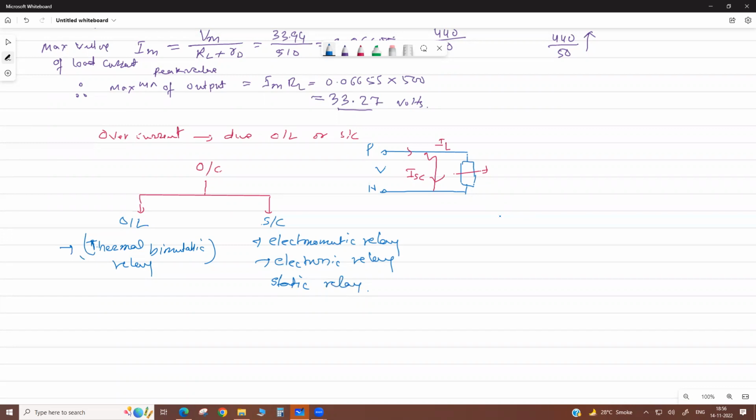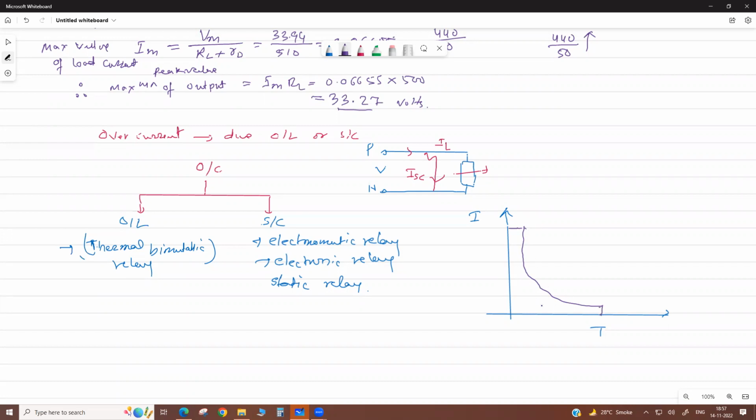Now, inverse time current characteristic means if we draw the current versus time graph. This is the current, here we take the time. It is inverse, a time current characteristic like this.